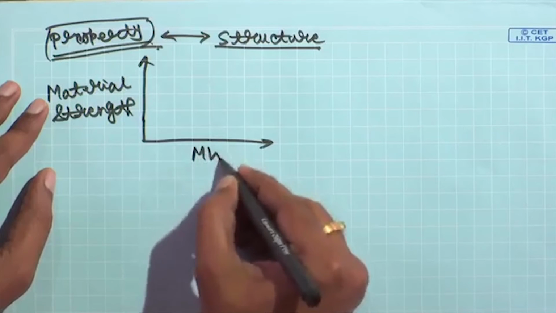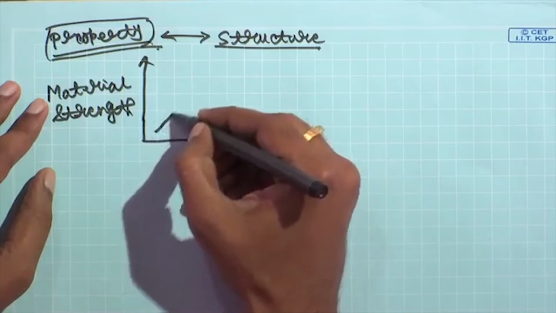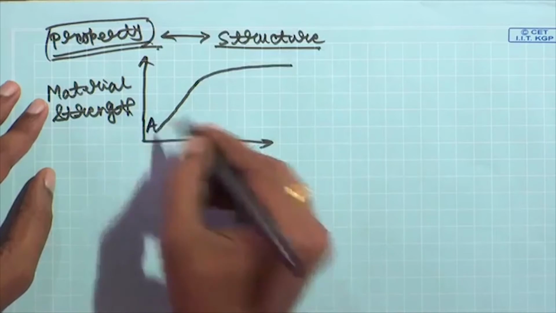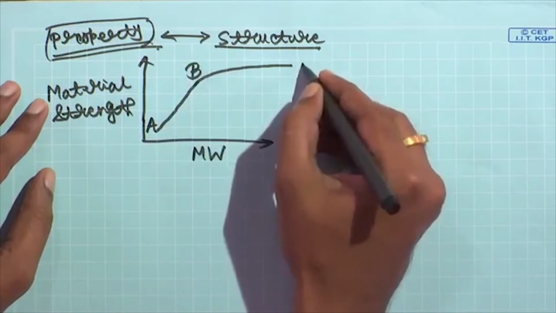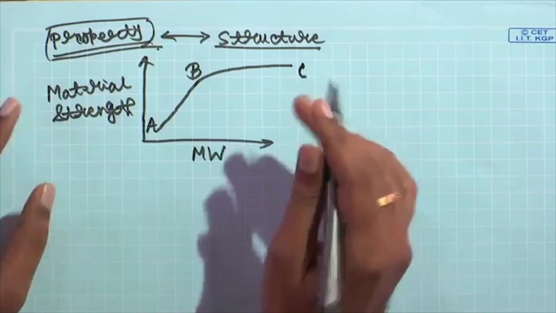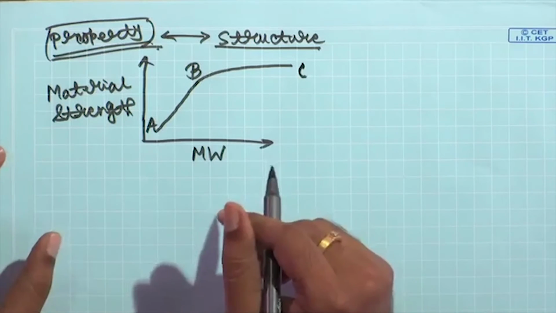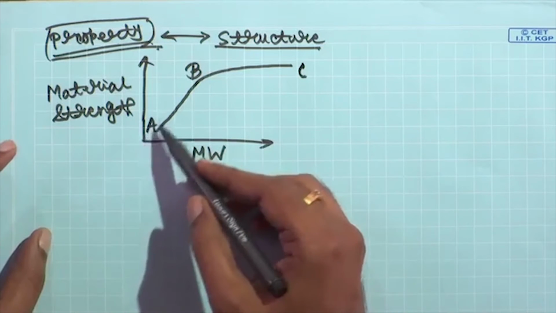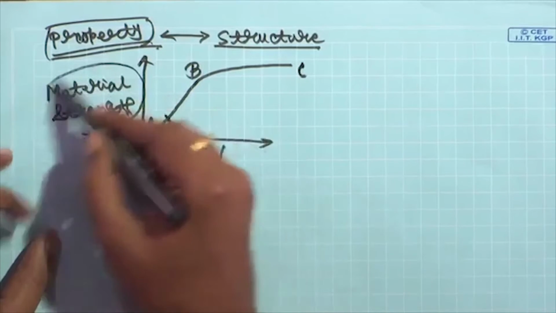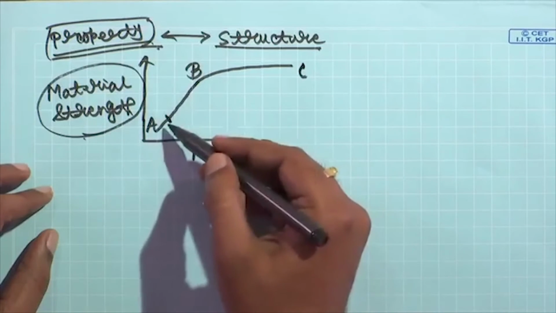Versus, say, molecular weight. It will be something like this: say point A, point B, point C. If your polymer is of very low molecular weight, then you do not have this kind of material strength. Somewhere here, if you have this molecular weight, your material strength is not good enough for any kind of industrial application.